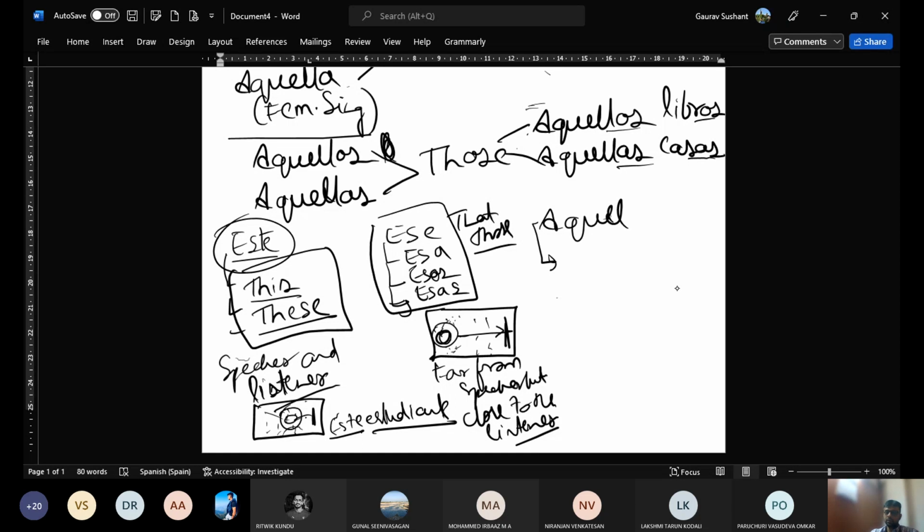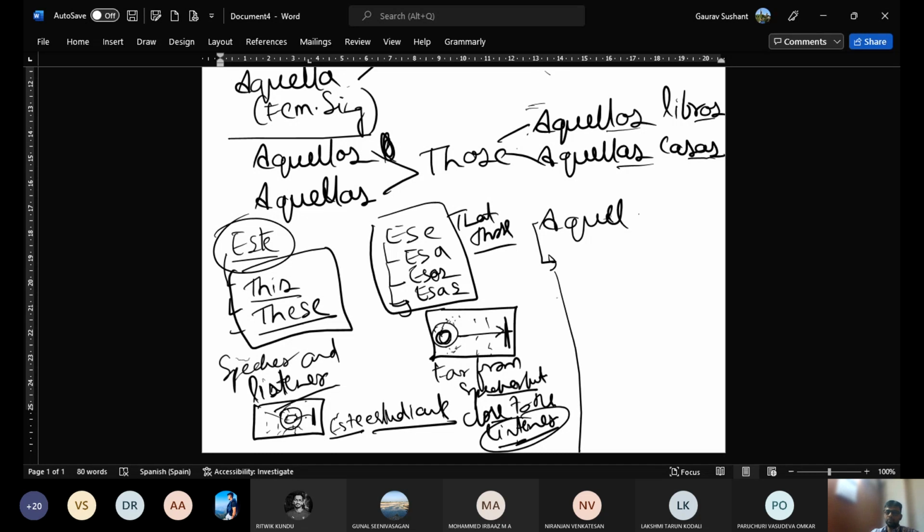I hope all of you are understanding the context, because you have to understand this very clearly, then only you will be able to understand the third one. So the object is far from the speaker but close to the listener. This is the basic idea.